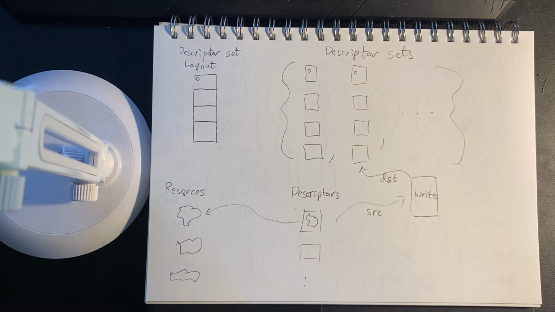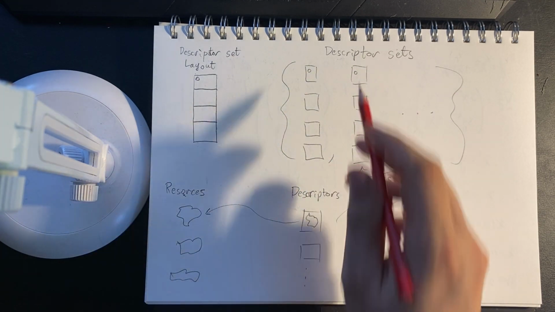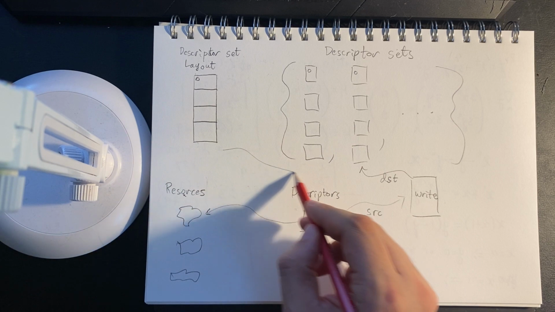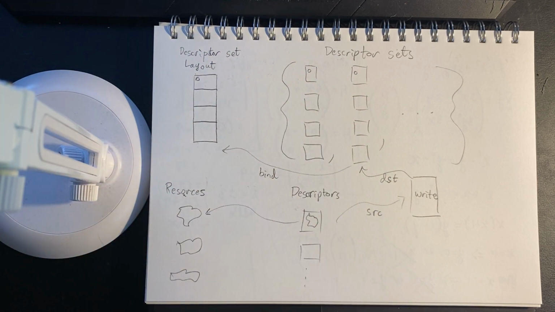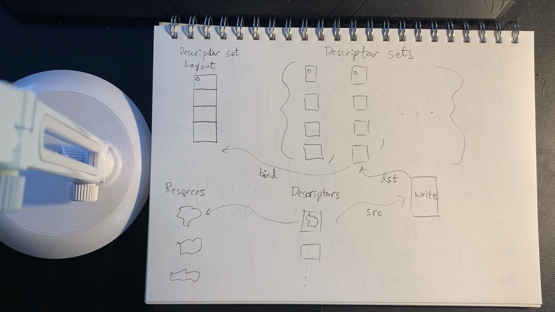So if the underlying resources change, or upon creation, we write to a descriptor set, and then on the fly, while we're rendering, we bind a given descriptor set. And that has to conform to the descriptor set layout. But all of that being done, we then have access to it in the shader. So the idea here is we declare and validate as much as possible up front, and then it's very straightforward to bind as we're drawing.